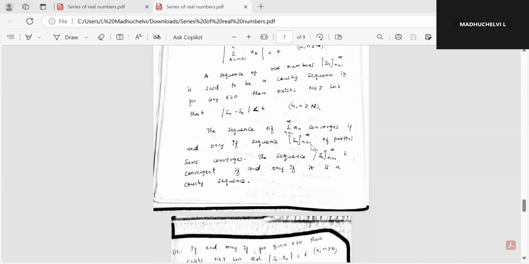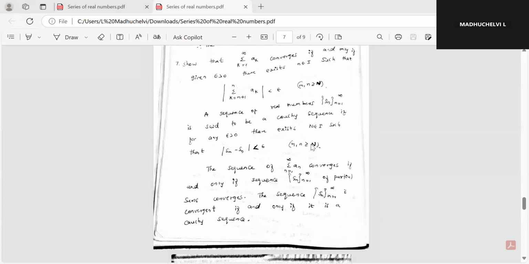So the series summation n equals 1 to infinity of a_n converges if and only if the sequence S_n of partial sums converges. The sequence S_n is convergent if and only if it is a Cauchy sequence.